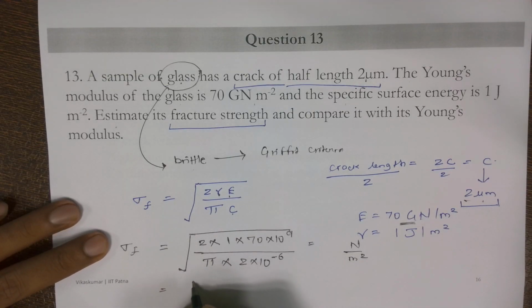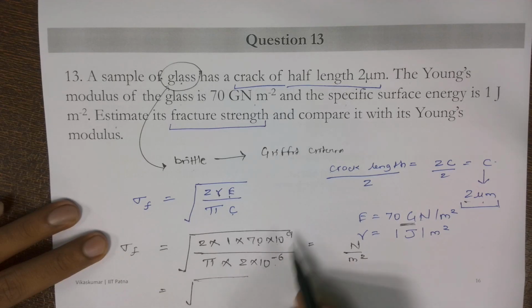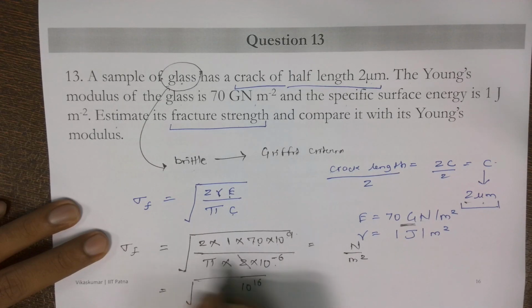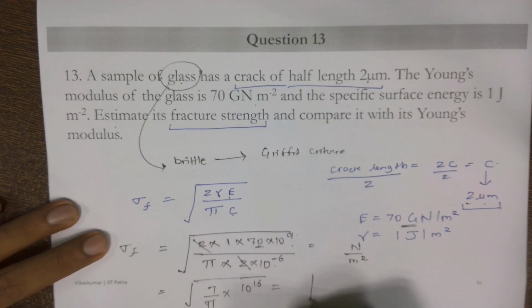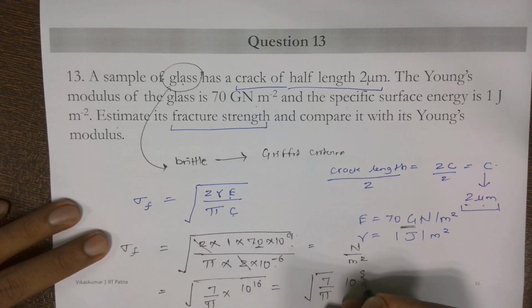What we'll get is root over, let's simplify. 10 to the power of 9 over 10 to the power of minus 16, which will add 10 to the power of 16. 7 by 2, we can cancel this. 70 we have consumed. So what we are left with is 7 divided by pi. So what we got is root over 7 by pi times 10 to the power of 8.